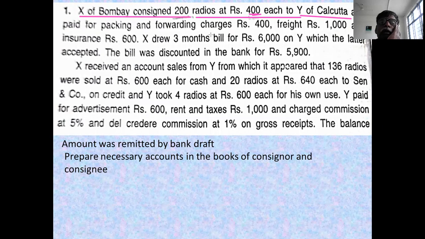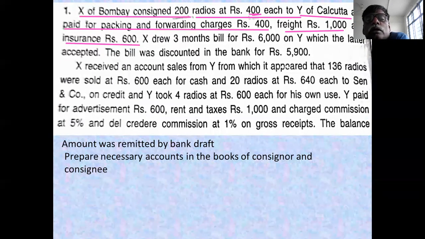The first point completed. And paid for packing and forwarding charges rupees 400, freight rupees 1000, and insurance 600. X of Bombay consigned the goods.